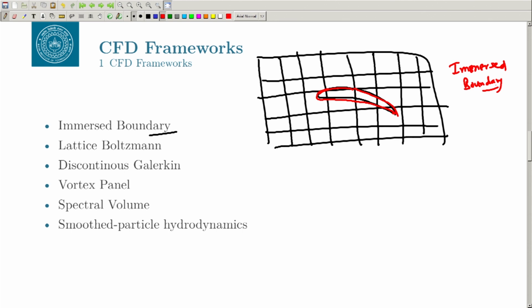The disadvantage is that if you want to resolve the boundary layer, you would like your mesh to be very aligned to the body, right, which is not possible in this immersed boundary approach. Of course, you can make locally more refined and try to make your gradient calculation more and more accurate, okay, but it is not same as basically putting a boundary layer grid.